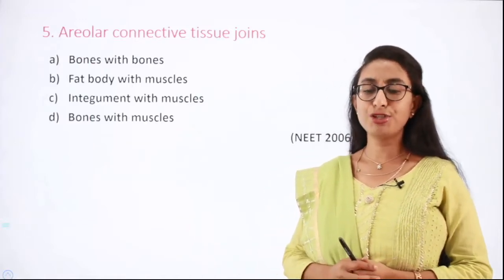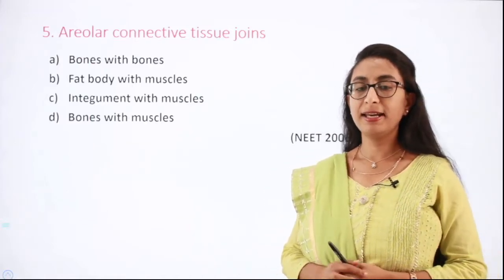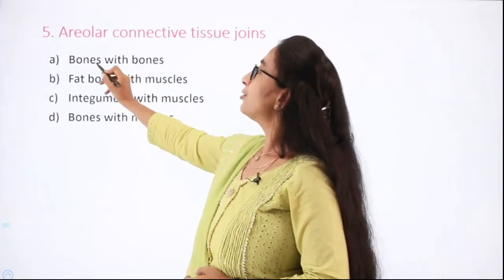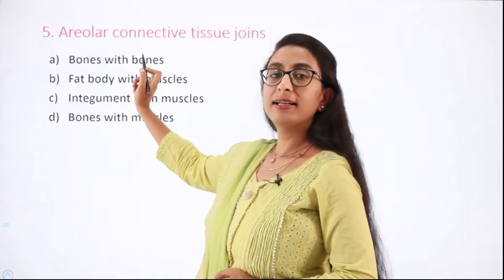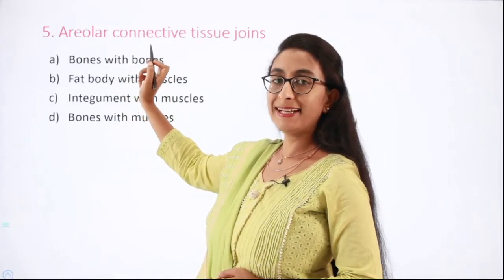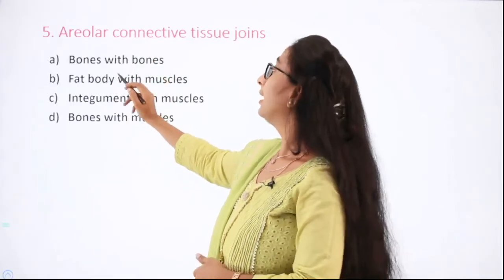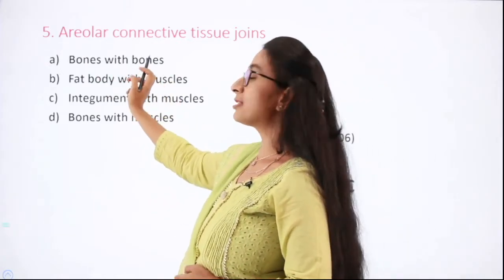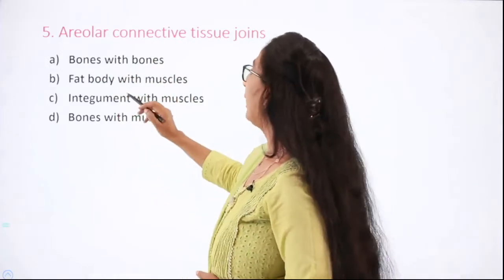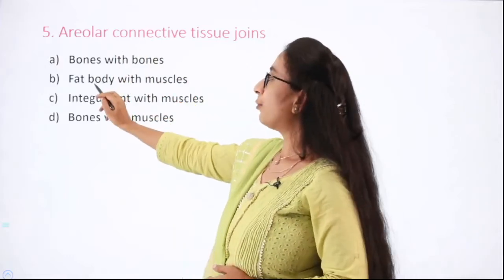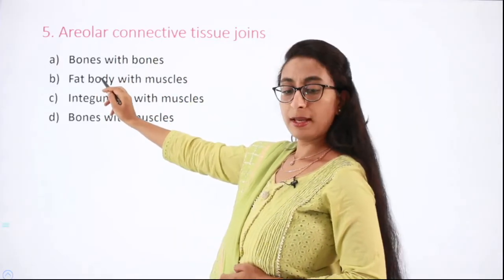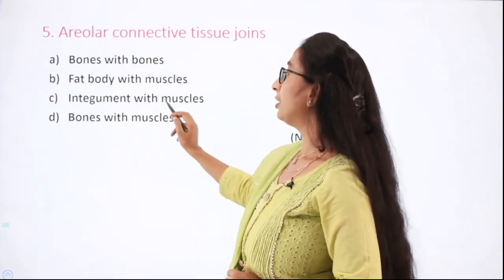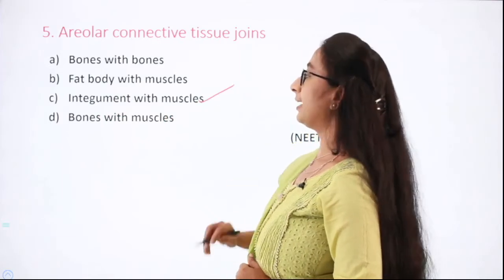Areolar connective tissue joins. What is it that joins bones with bones? Is it tendon? No, it is not tendon. It is ligament. So bones are connected with bones by ligament. And areolar and fat body with muscles? No. Integument with muscles? Yes, this is the right answer.